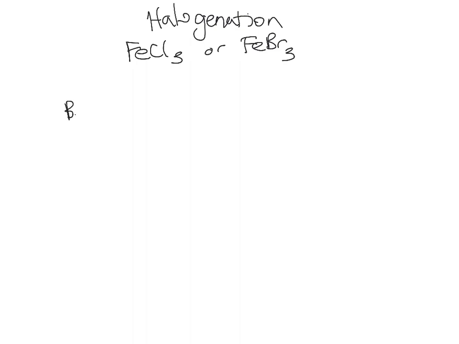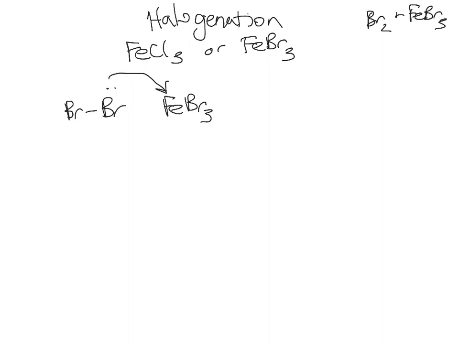So let's do it for bromine. You take Br2, you add FeBr3. So the reactants in this reaction would be Br2 and FeBr3. That's what you would have on top of your arrow. Your electrons from your bromine are going to attach to this iron because it's a Lewis acid.